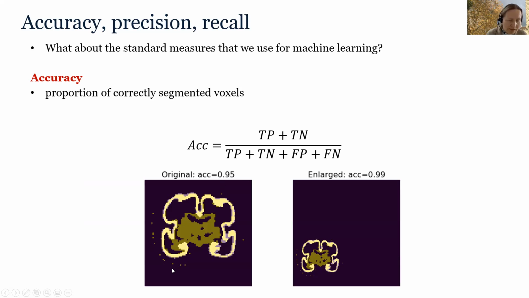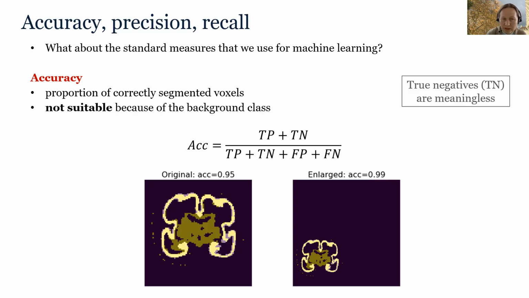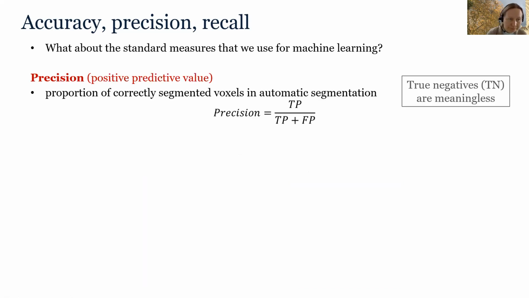And also the size of the background may vary depending on how we crop the image, and here we enlarge it. And just by enlarging the background, we could get to 0.99. So you see that this is really not a good measure of segmentation quality. And the reason for that is that the true negatives, or correctly segmented background, are not really meaningful for our application. So it's not a good idea to use accuracy for segmentation.